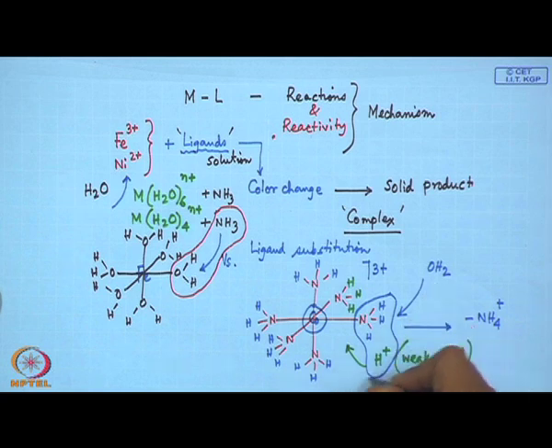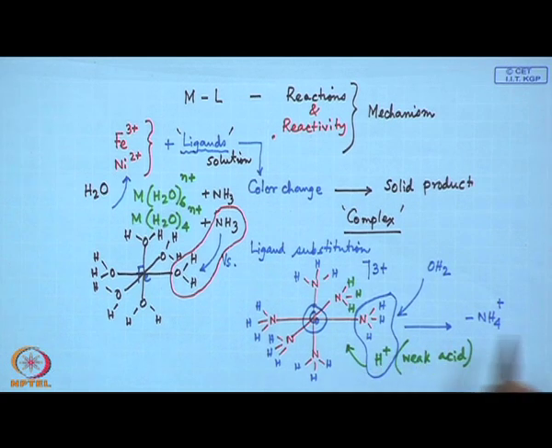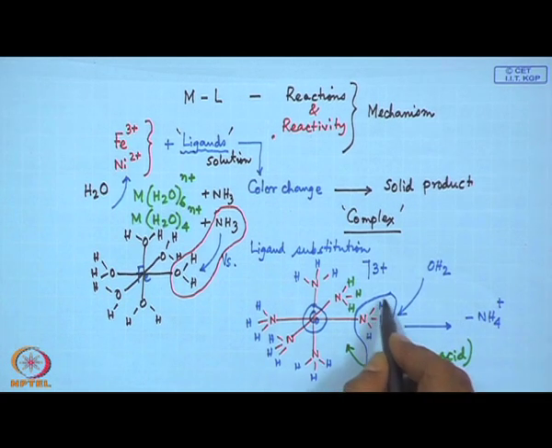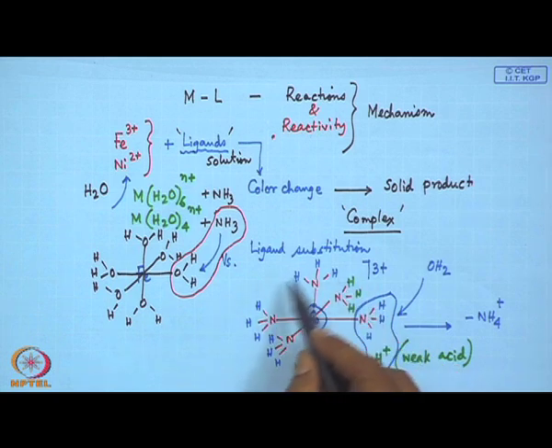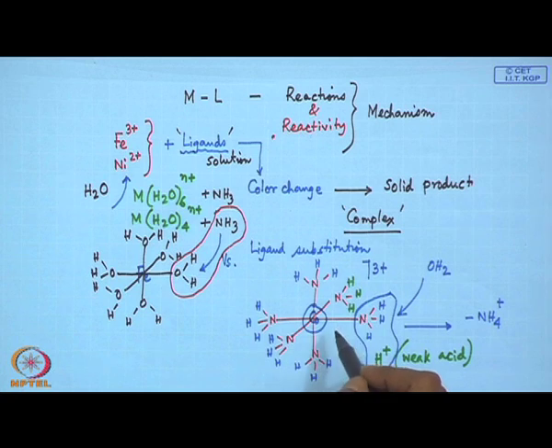But this is not happening. We need the addition of the proton to the system such that the ammonia groups are protonated and leave as ammonium ion, and the water molecule will come and occupy some or all of these positions around this octahedral cobalt ion to give us the corresponding hexa-aqua compound.